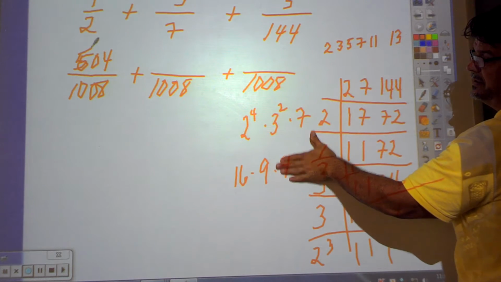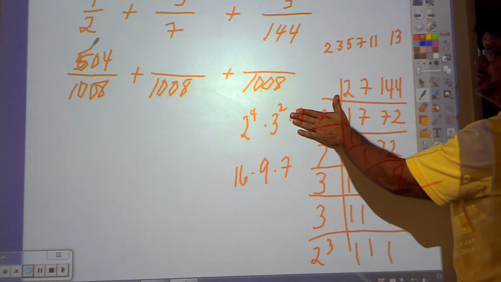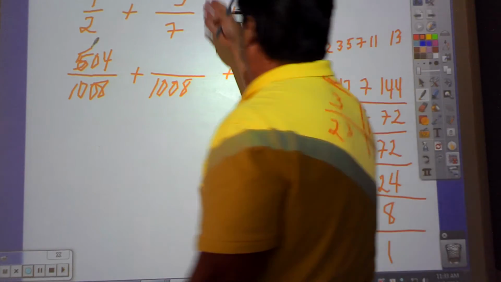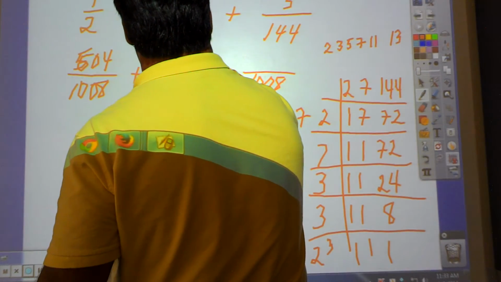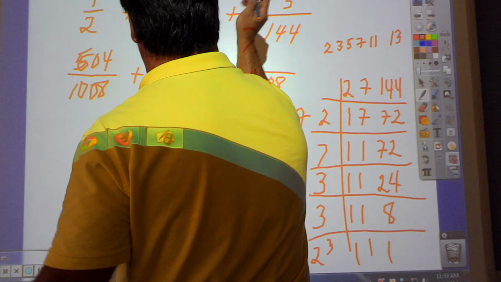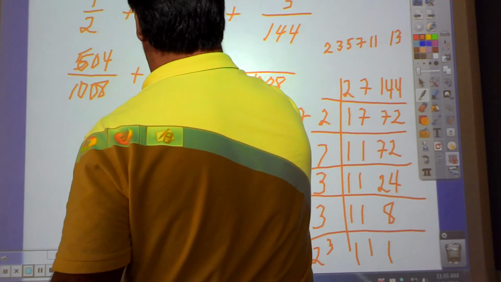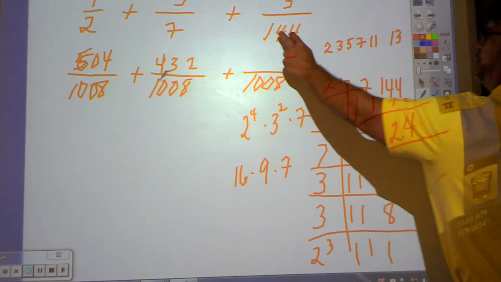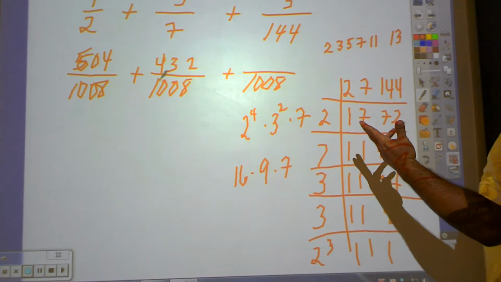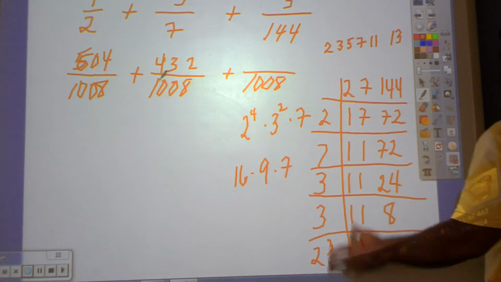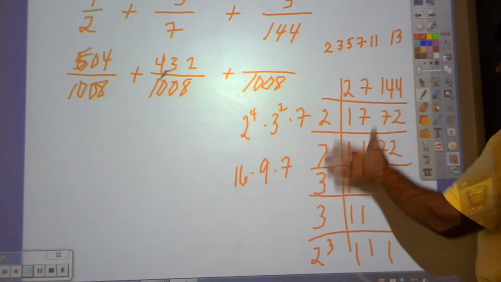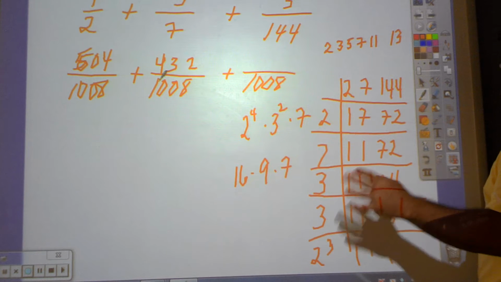16 times 9 is 144, isn't it? 144 times 3 is 432. And 144 will go in, well, take the 144 out. Well, what's 144? 144 is 12 times 12.